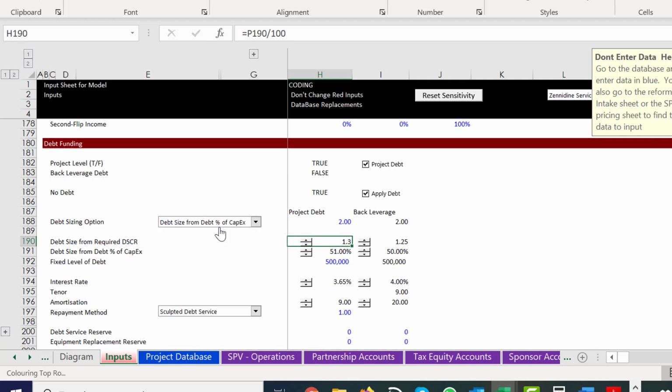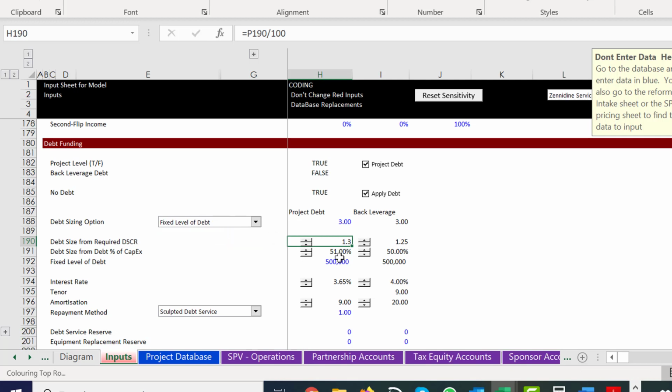Either we just use a classic little tool, 1, 2, 3, and we can size the debt from the required DSCR. Standard. That's why I put the debt sizing right at the top, because we need the cash flow to get the debt size. Or we can size it just from the debt to capital, as a percent of capex.